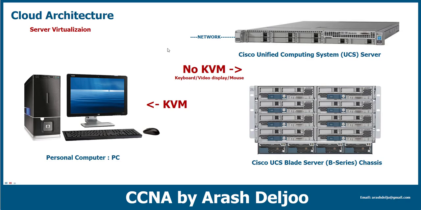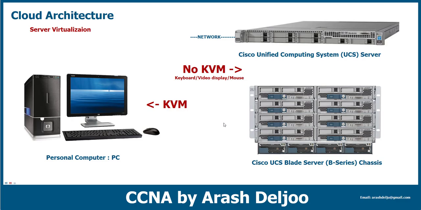But about the servers, we have some other differences. I will talk about them, but before talking about the next difference between the server and the computer, let me say that in today's networks, in recent networks, we have some new vendors of servers.